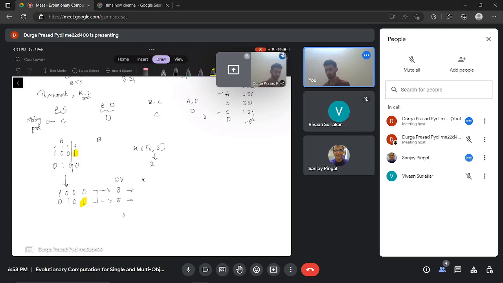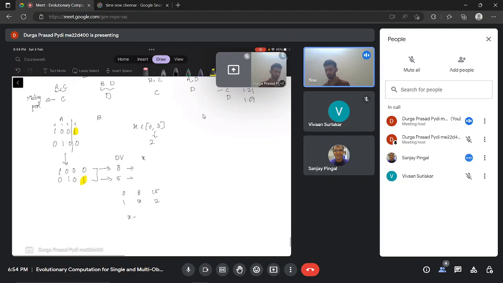So x minus 1 by 8 is essentially 1 by 15. If you solve, you get x to be 1 plus 8 by 15, which comes around 1.5. So this is my x value, 1.5.